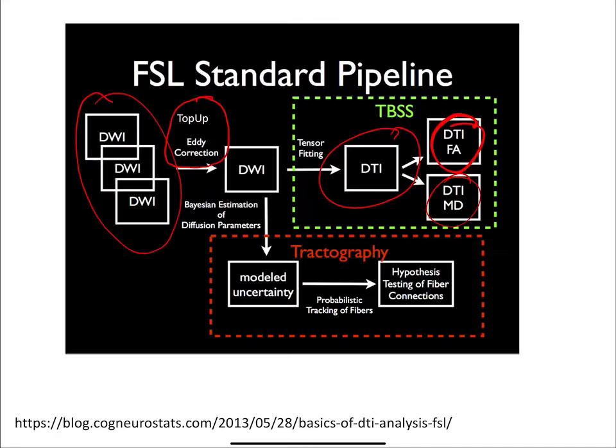There could be something wrong with the scanner, or something going on with your protocol that you haven't identified. We've had people come to us 2 years later and say, I finally looked at my data and there's this artifact. And we're like, well, we really can't do anything right now.